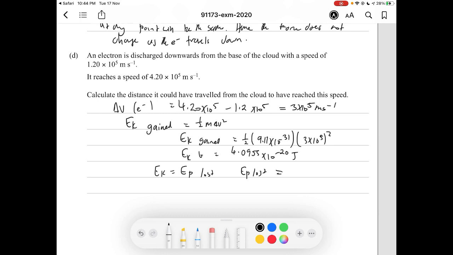So EP lost equals EQd, and therefore 4.0955 times 10 to the power of negative 20 equals 8.57 times 10 to the power 4, that's the electric field strength, multiplied by the charge on the electron, which is 1.6 times 10 to the power of negative 19, and times the distance, which we do not know, which we're trying to find. So this divided by 8.57 times 10 to the power 4, divided by 1.6.